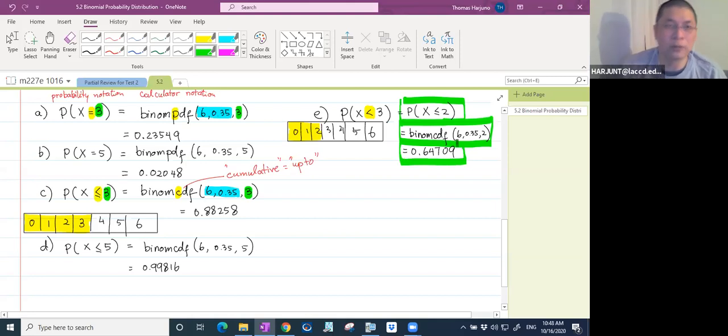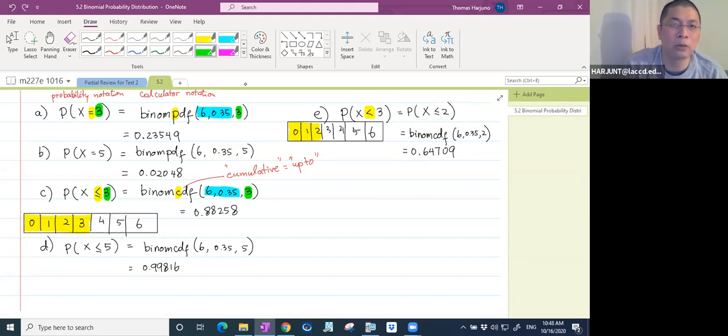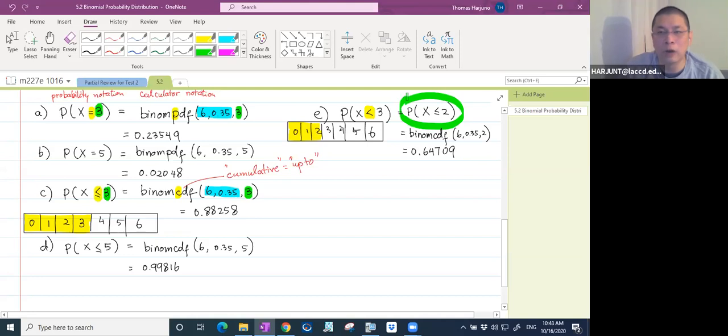Okay, rewrite it first. Thomas, will you penalize me if I don't rewrite the probability notation? Will you penalize me if I don't write this, Thomas? No, I don't penalize you for not writing that probability notation. But of 20 students I saw skipping this green step here, 19 of them actually get this wrong.